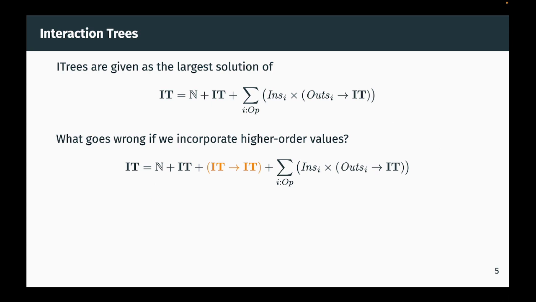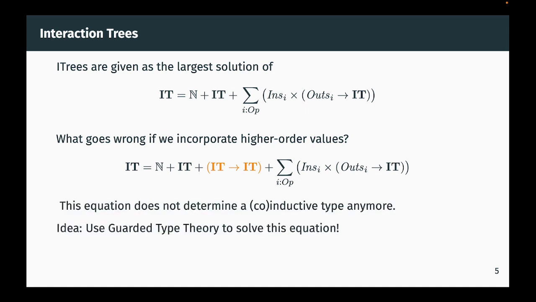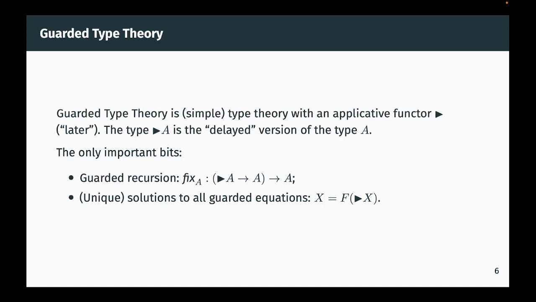So our idea is to go into a more extensive setting, specifically guarded type theory, where we know how to solve equations like this. All right? And well, if you don't know about guarded type theory, it's not really important. The only thing that you need to know is it's a kind of type theory where you have a particular functor later, which we denote with this black triangle.